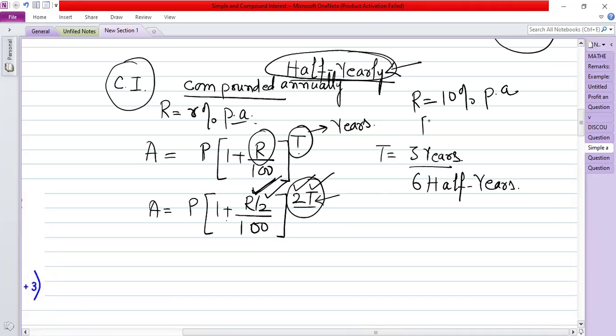Then for half yearly the rate will be 5%. But what about the time? Time will now be six, 6 half years, because in 3 years there are 6 half years.